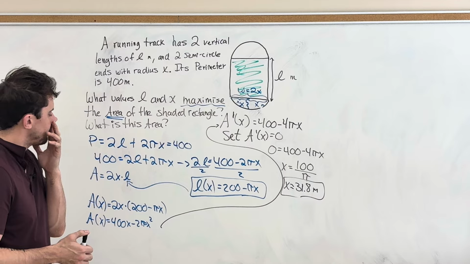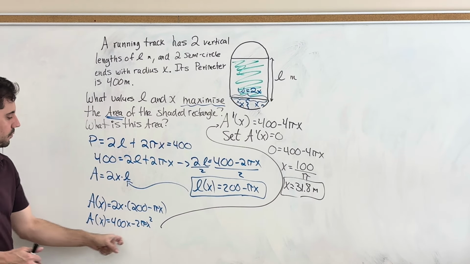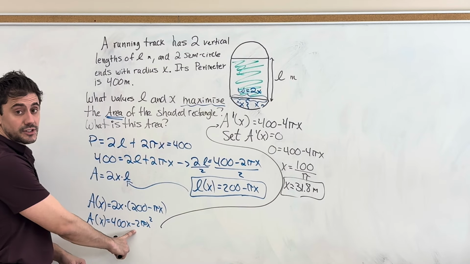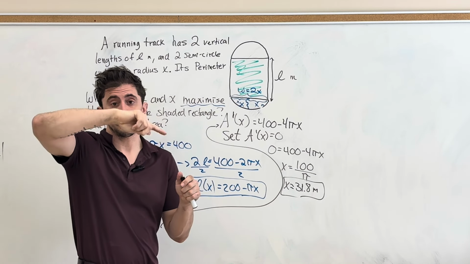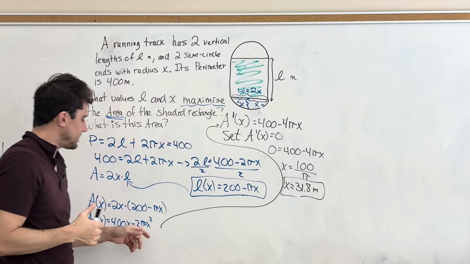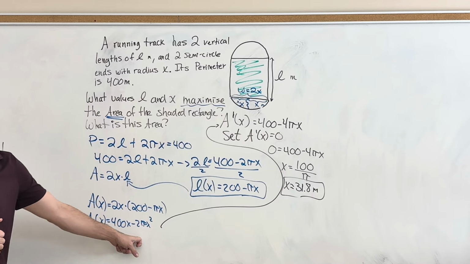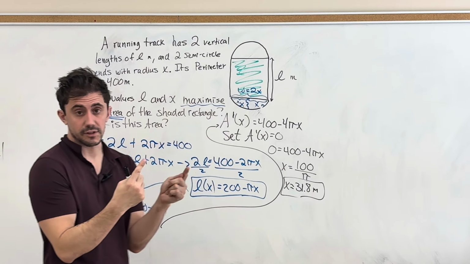Now we know that our area function is a quadratic with a negative x squared term, right? So we know what this looks like very roughly. It's going to be a frowny parabola, right? With its only critical point being a maximum at the very top. That doesn't take too heavy of an analysis to come up with. Otherwise, we could do a sign diagram for the first derivative function.